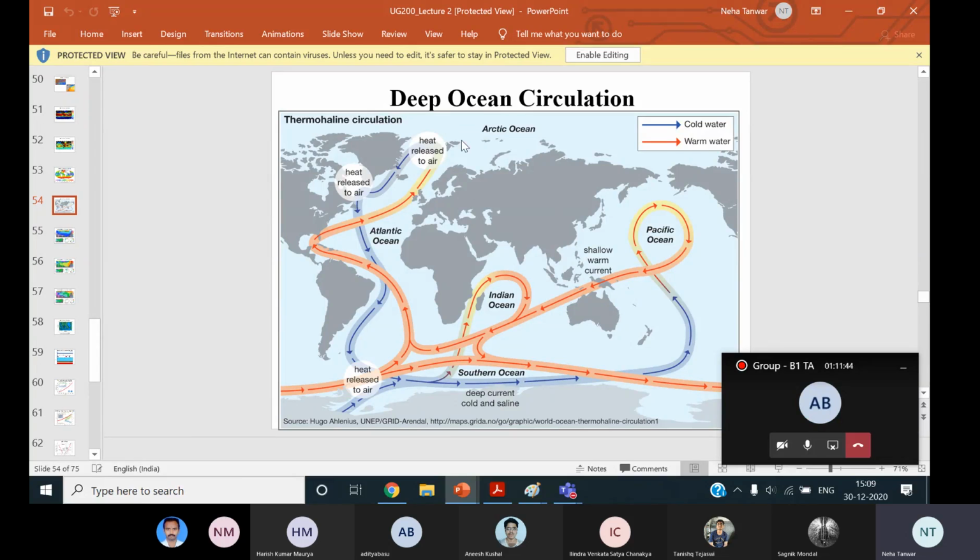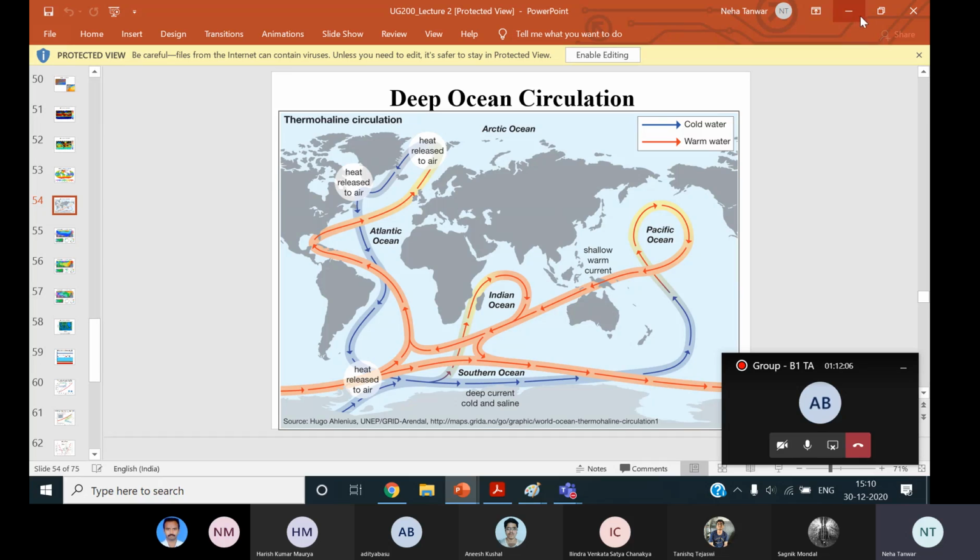So overall deep water formation is taking place at 2 places. One is this branch and the other one is along the Southern Ocean. This blue is the deep ocean circulation. And deep ocean circulation is very slow, something like 0.1 meter, even slower than this per second.